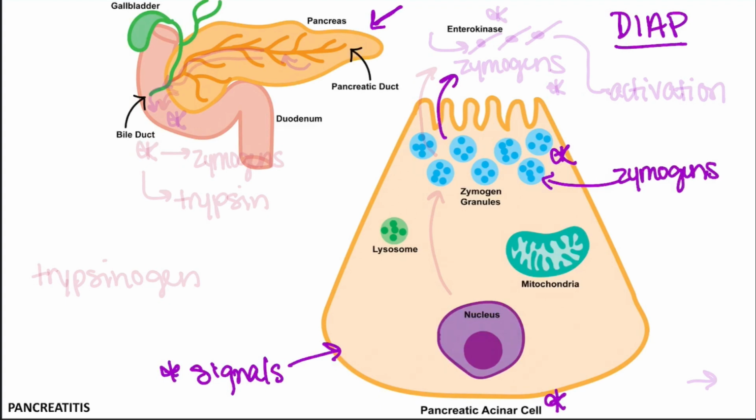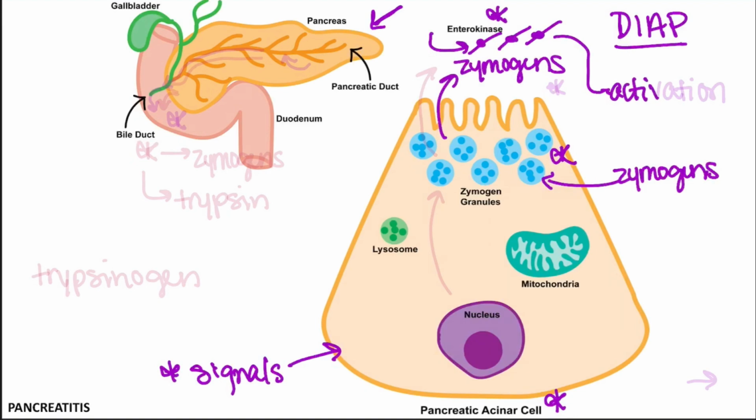And once released, these zymogens are activated through proteolysis and cleavage by enzymes that are found within the small intestines, like enterokinase.